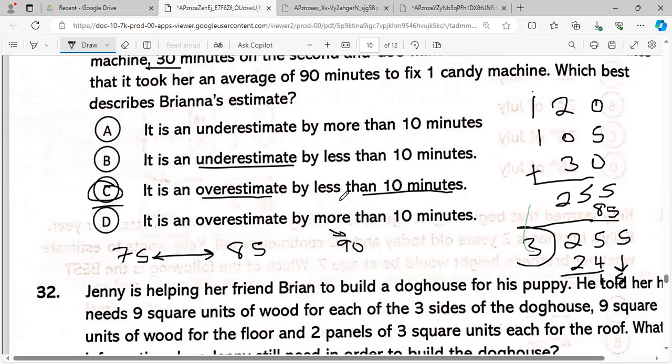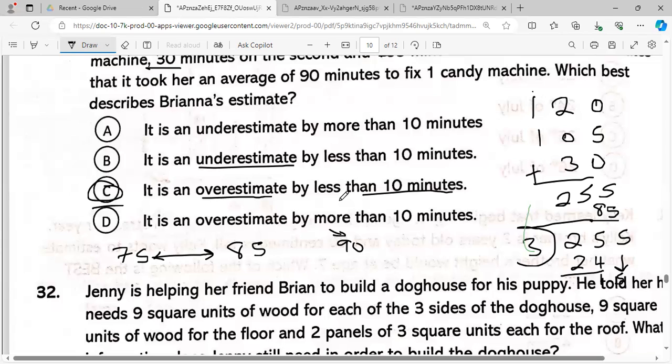Well, Kayla, what's the actual average? 85, sir. How much did she estimate it to be? 90. So is that an over or an underestimate? Sir, she overestimated. Yeah, that's what we are saying.